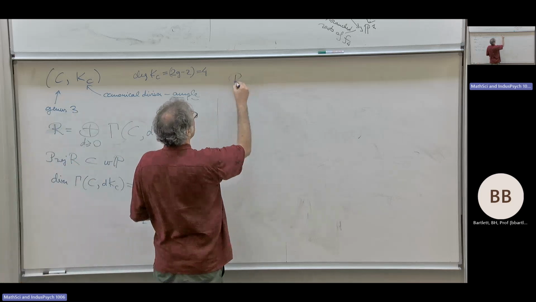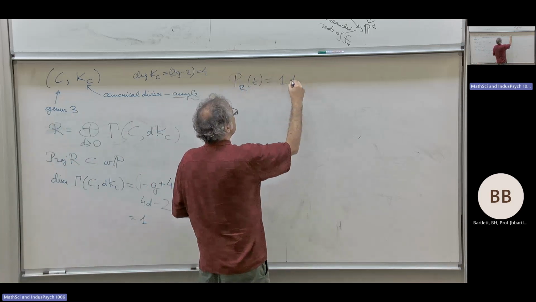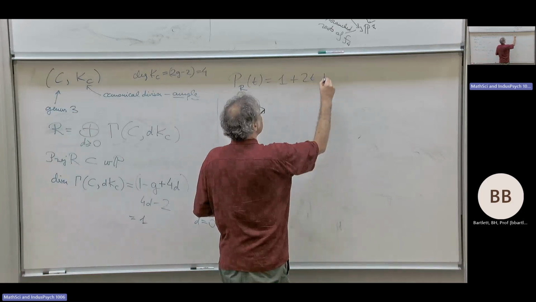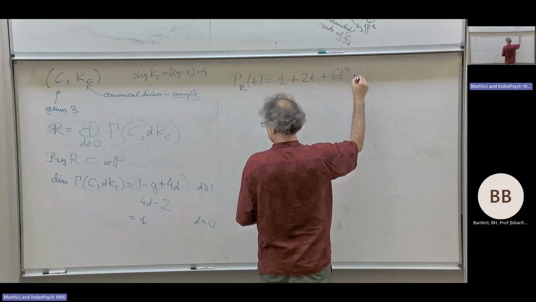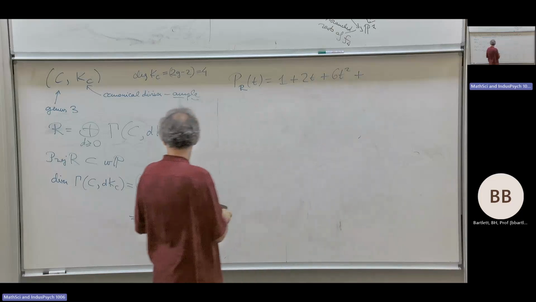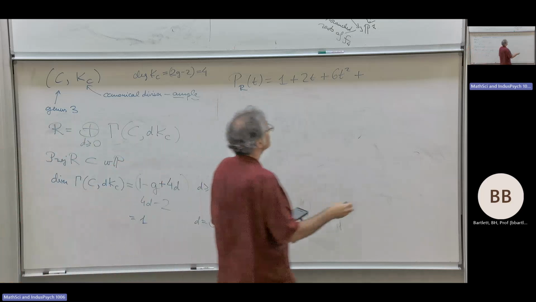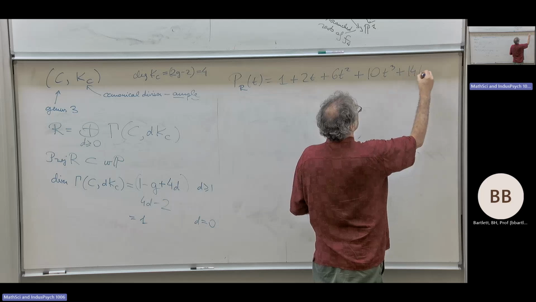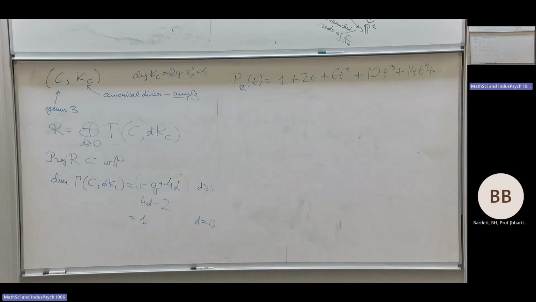So the Hilbert function of the ring goes 1 plus 3t plus 6t squared plus 10t cubed plus 14t to the 4 plus and so on. Okay, so that's the Hilbert function.